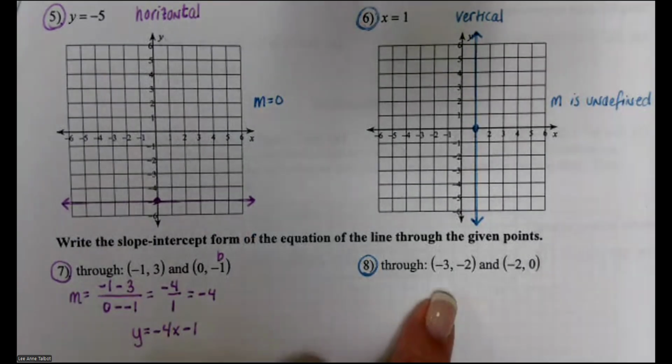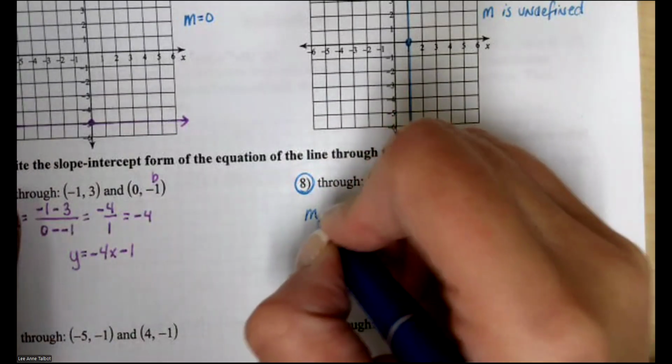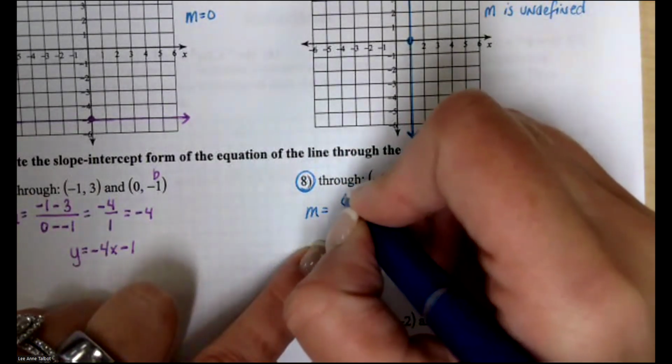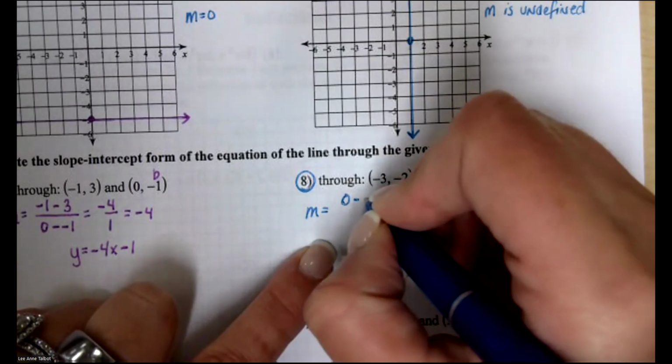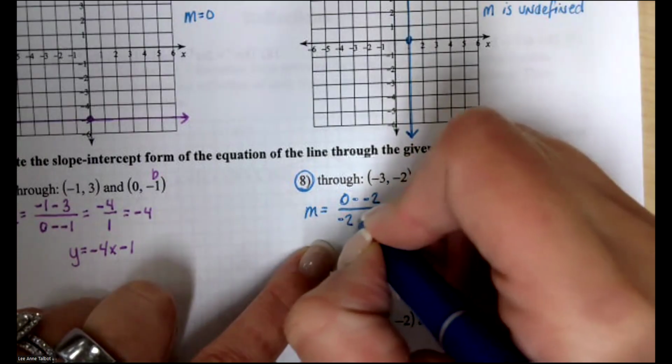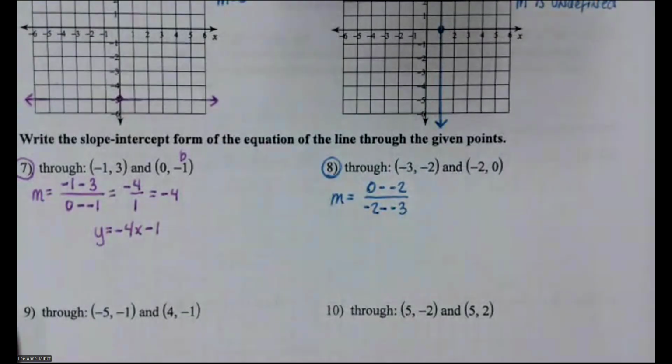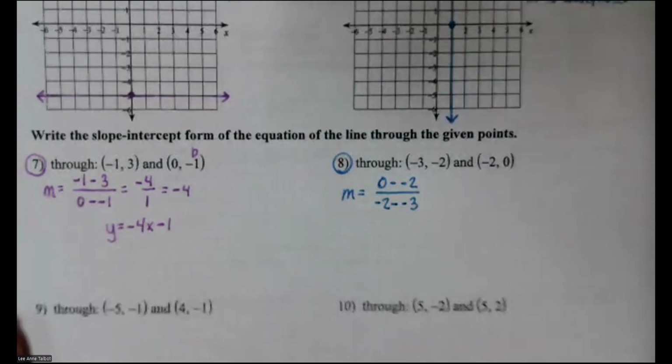Okay. Number 8. Slope equals y2 minus y1 over x2 minus x1. This one's got all kinds of negatives in it.